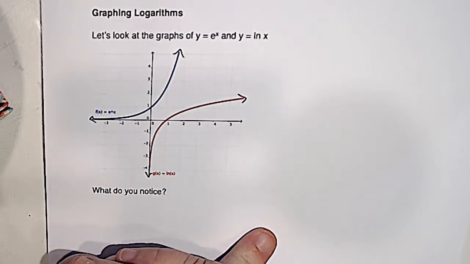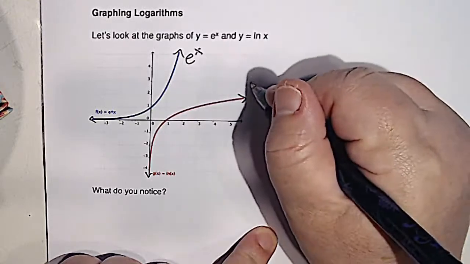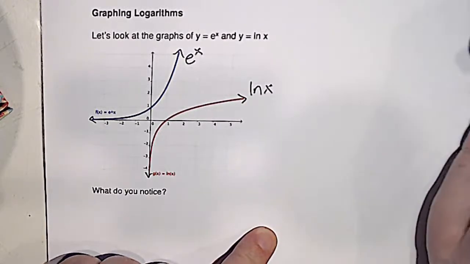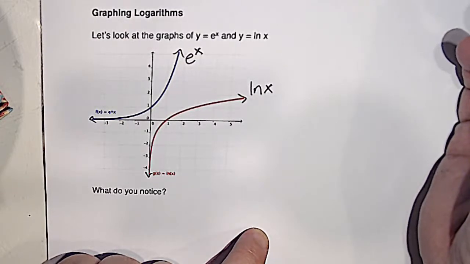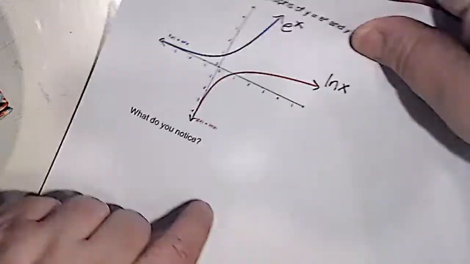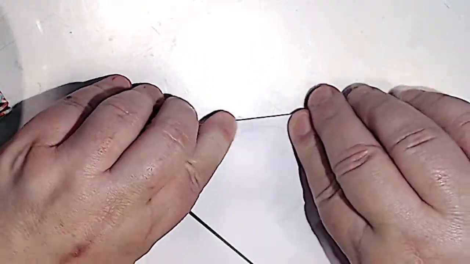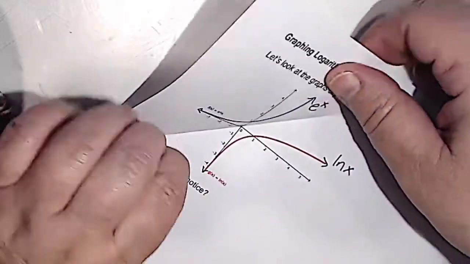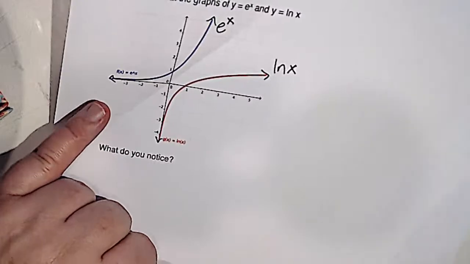So this is the graph of e to the x. This is the graph of natural log of x. What do you notice? And since this is paper and this is a video, I can do what I can't do in class, which is fold.